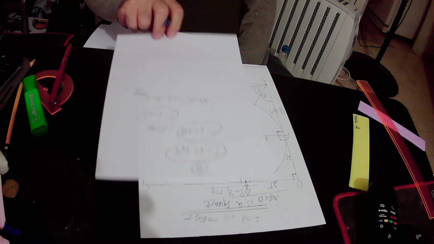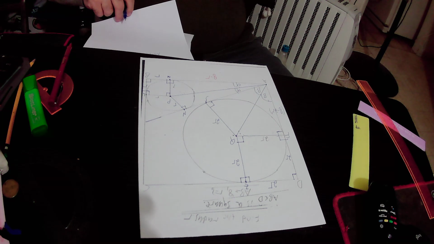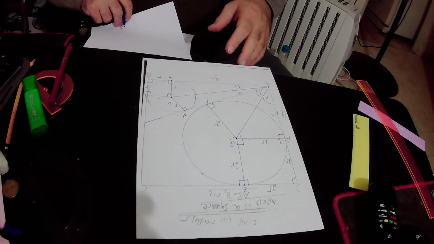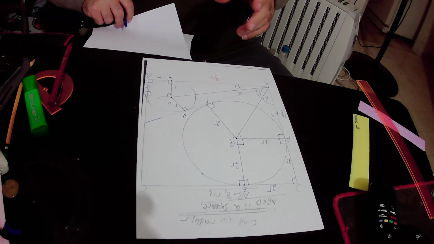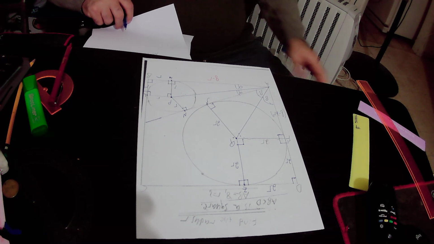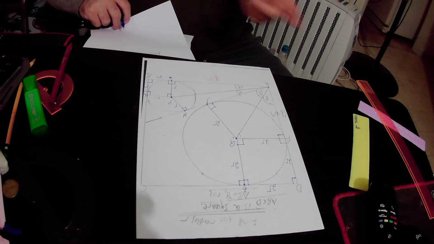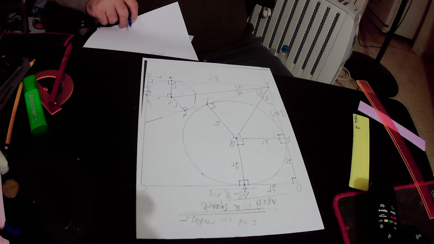Because the side of the square equals 8 units, the radius of the small circle must be smaller than 8 because it is inside the square.